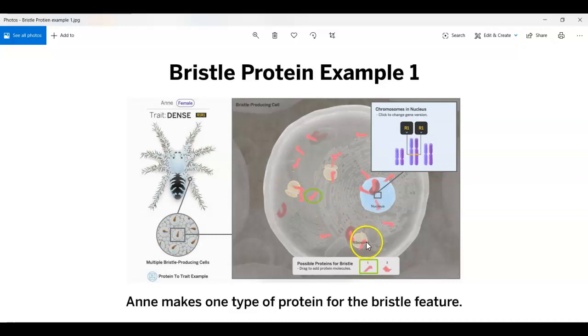So these pink ones match up with the purple one, and then they go into the nucleus, and then they produce all of these bristles. But as you can see, she only has one type of pink protein, right? There's only one. So she is only producing one protein to make all these bristles.